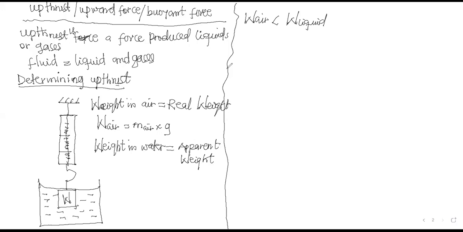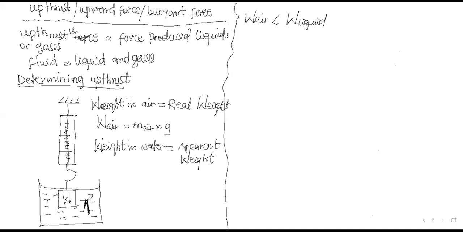Gideon. So please, because in a fluid there's an upward force that is acting on the object. Exactly. In the fluid, there is an upward force. I said this upthrust is a force which occurs within fluids.